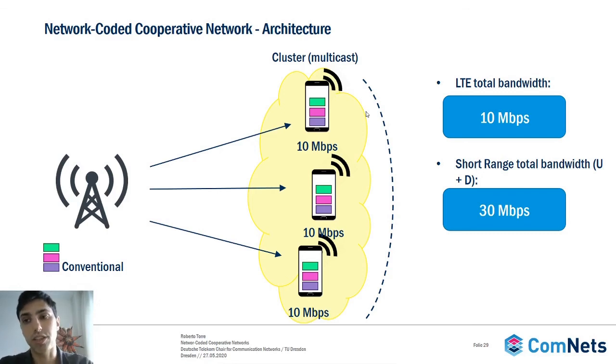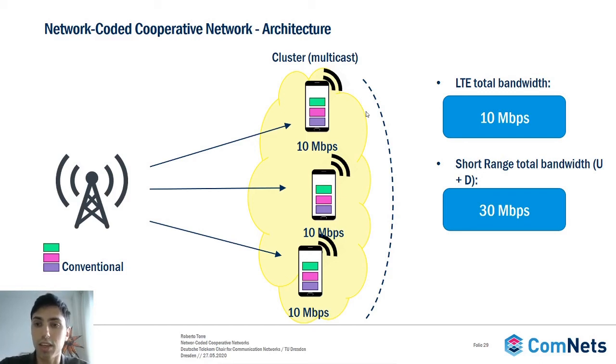And then the short range bandwidth, which is the sum of the upload and the download, is 30 megabits per second, because in the end, in this case, they will transmit with 10 megabits per second. So the bandwidth there would be 10 per user device.